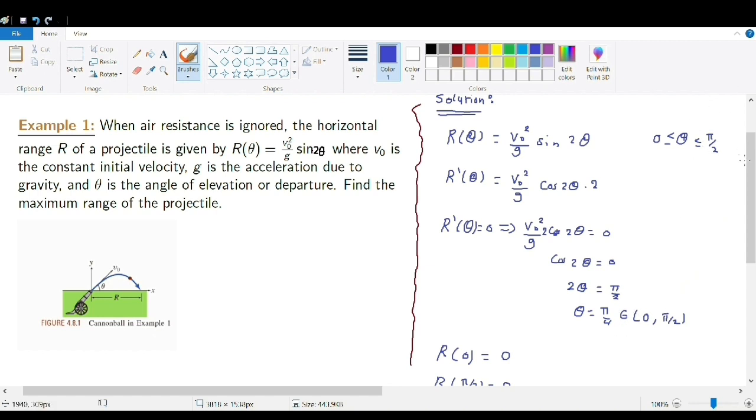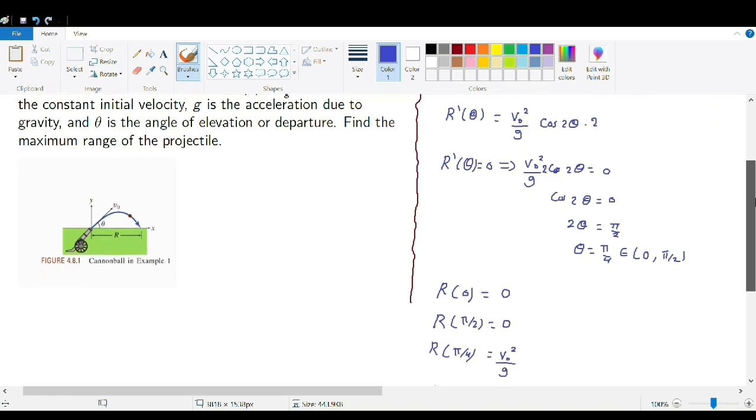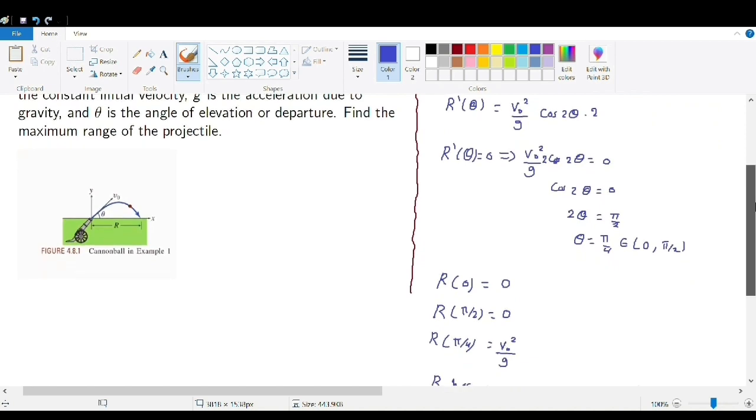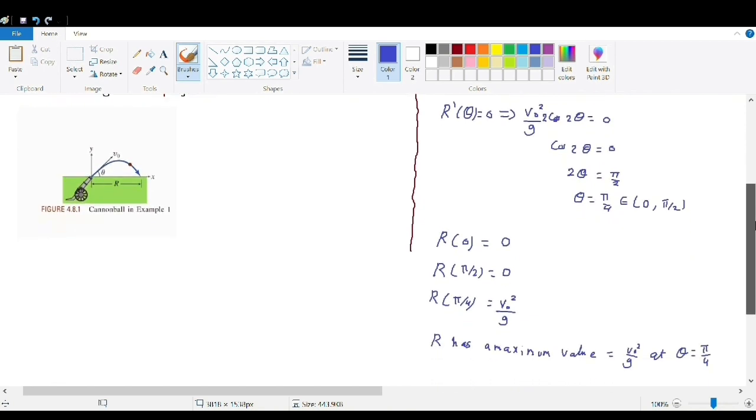So we check the values at 0, pi over 4, and pi over 2. R(0) is 0, R(pi over 2) is 0, and R(pi over 4) is v squared over g. The highest one is v squared over g, so the function has a maximum value v squared over g at theta equal to pi over 4.